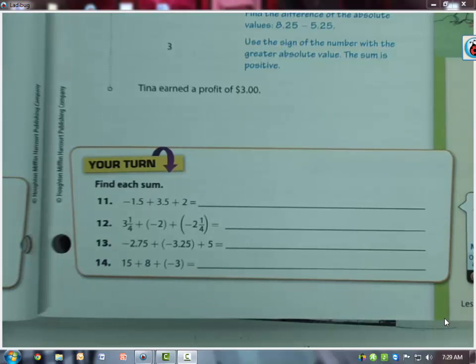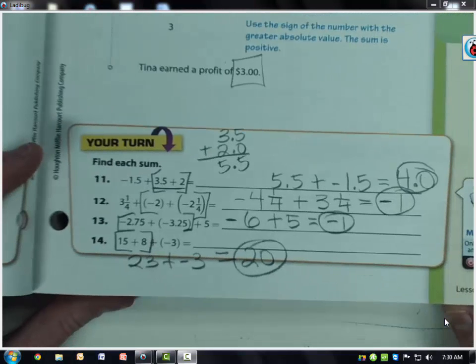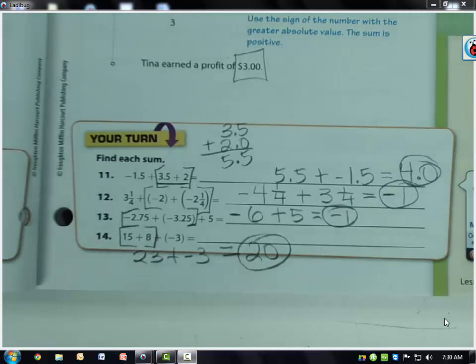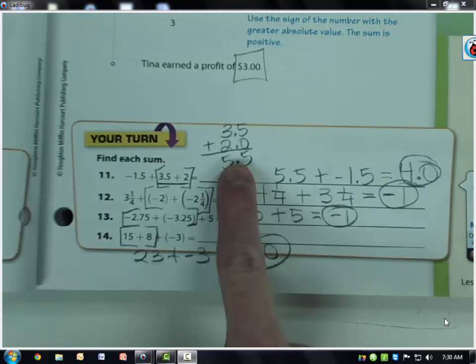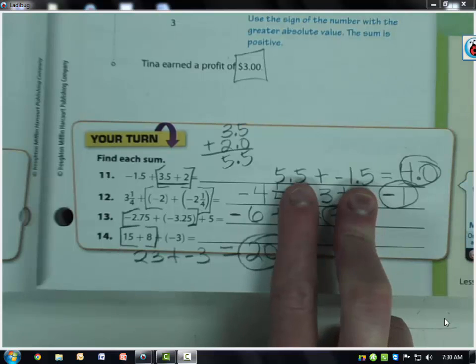Okay, for number 11, we should have added 3.5 plus 2, and we should have gotten 5.5. Then we should have subtracted, because we're adding different signs, and we should have gotten positive 4, or 4.0. Next one, we added our negatives first, and then we added 3 1/4 to the mix, which gives us a negative and a positive, so we subtract and take the sign of the larger, and we should have gotten a negative 1.